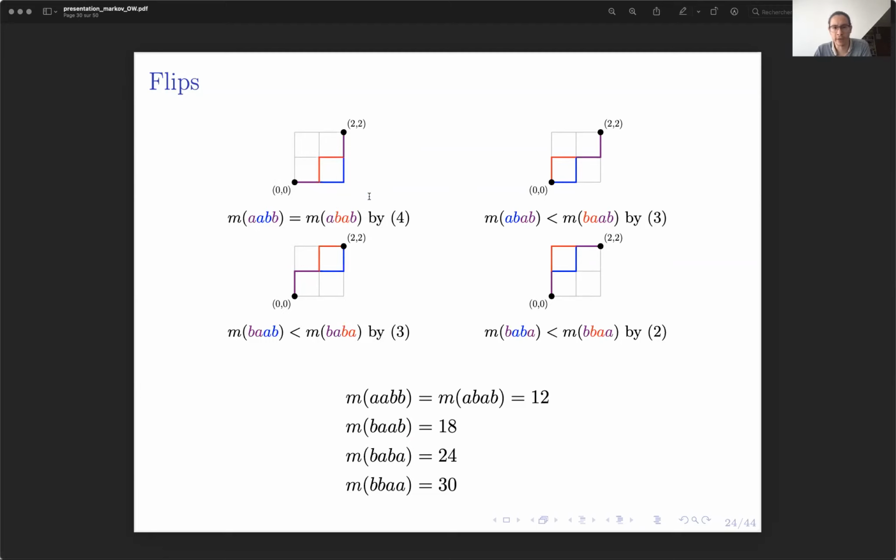So here we have an equality on the two M values. Here it's less than this one. It's still less and still less. And so we obtain this chain of inequalities. So M of BBAA is greater than M of AABB.